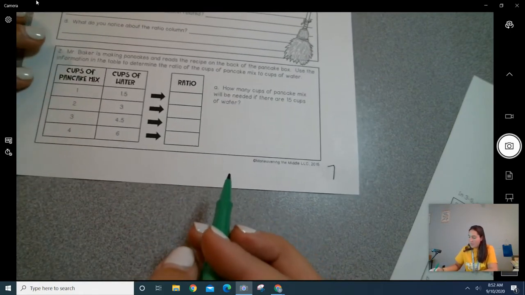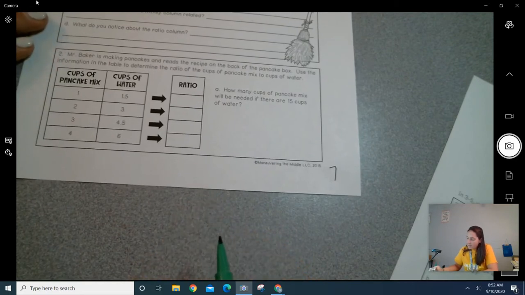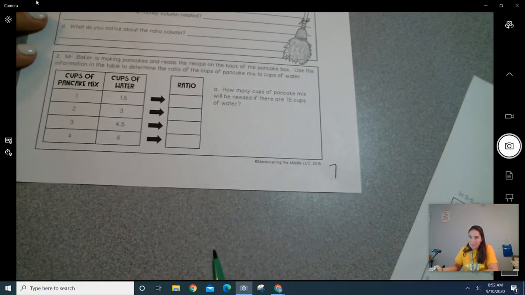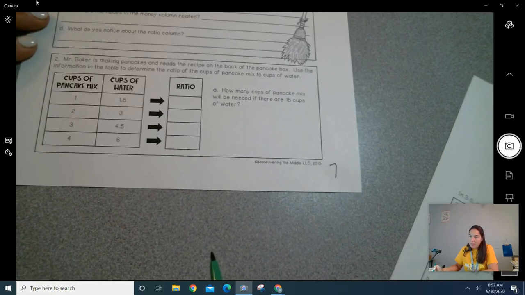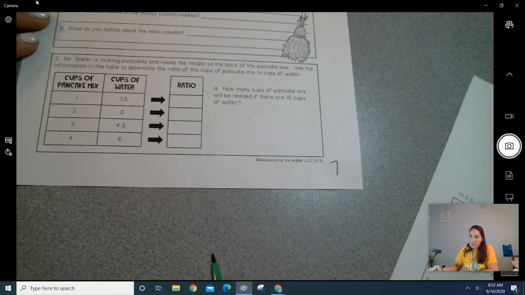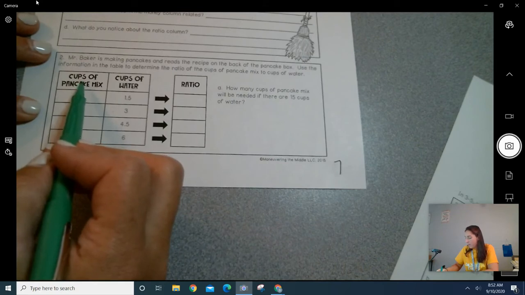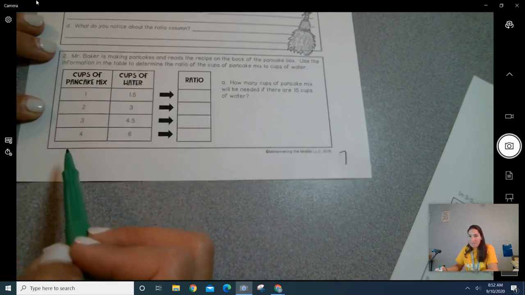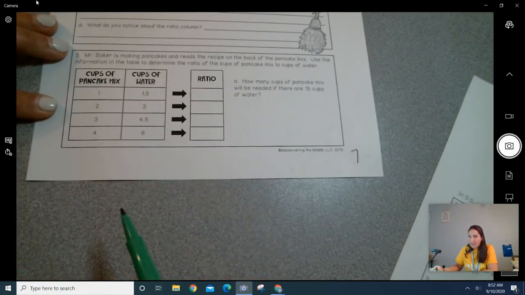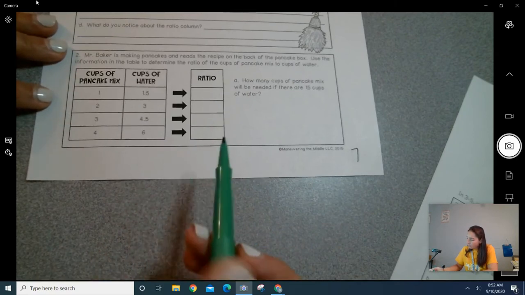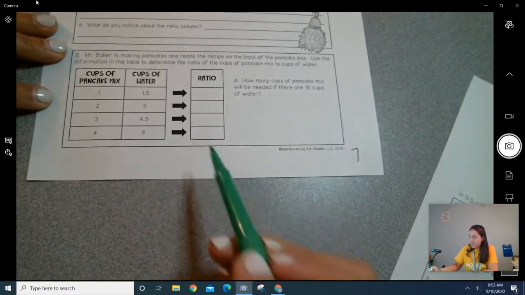Number 2 says, Mr. Baker is making pancakes and reads the recipe on the back of the pancake box. Use the information in the table to determine the ratio of the cups of pancake mix to cups of water. So we have this table here. We have our pancake mix in the left column and cups of water in the right column. And then it wants us to write the ratio in this column.